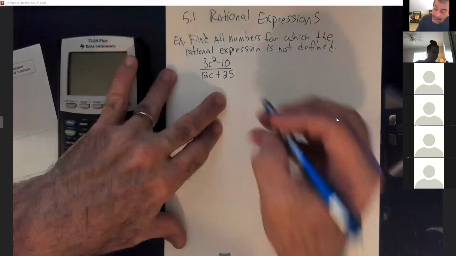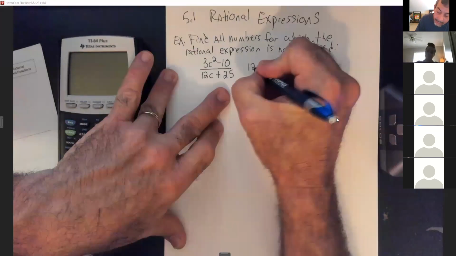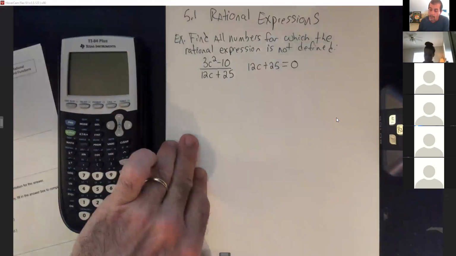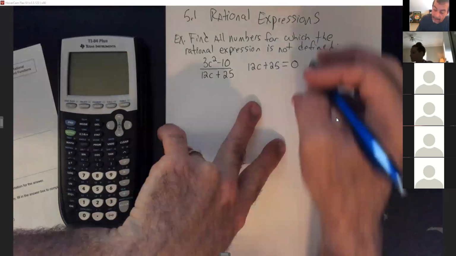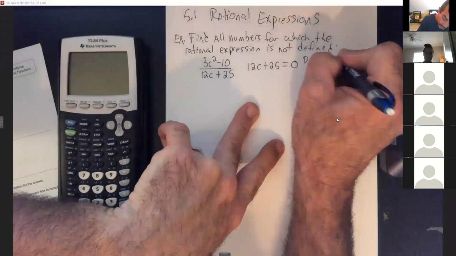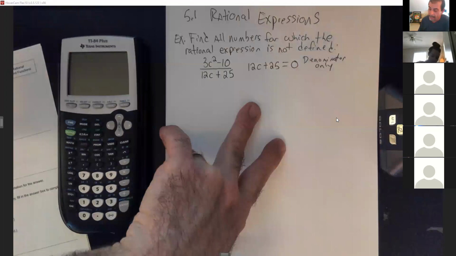So to find the domain of this, I would take that 12c plus 25 and set it equal to 0. We're only worried about the denominator. So that is definitely denominator only. We don't worry about the top on these problems.